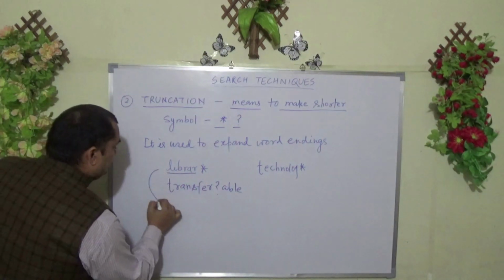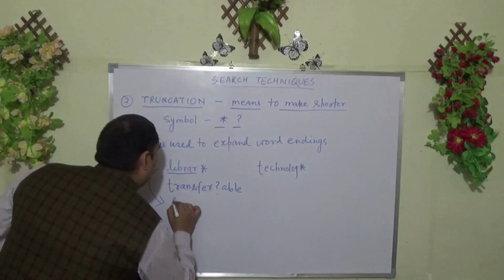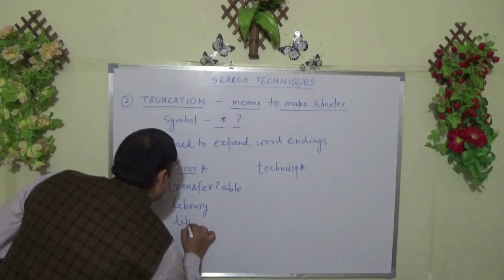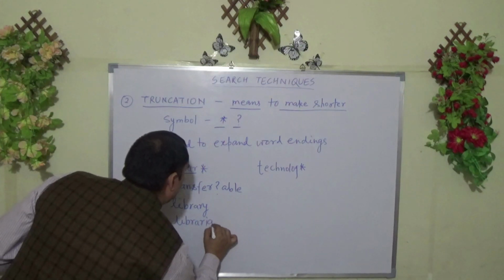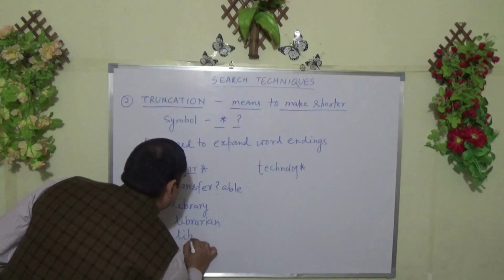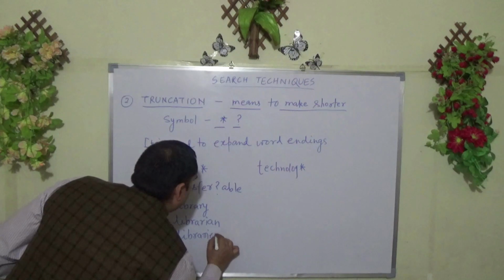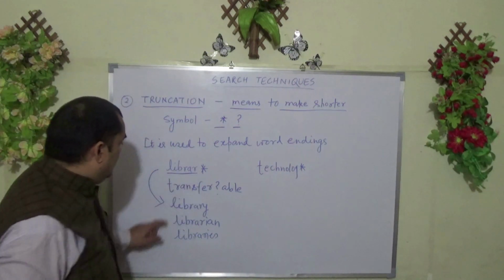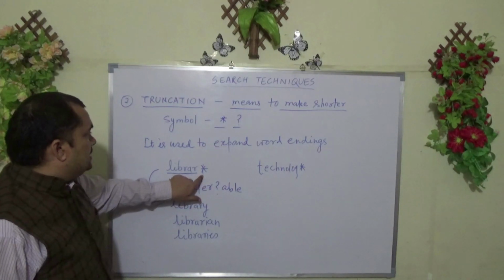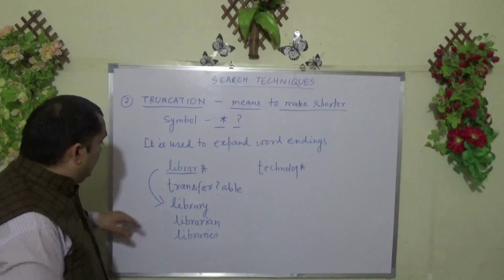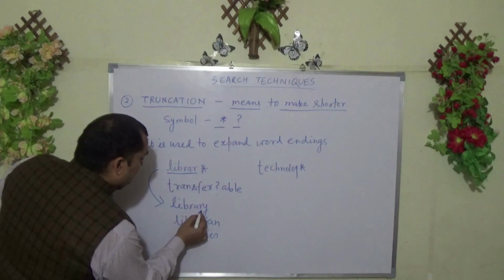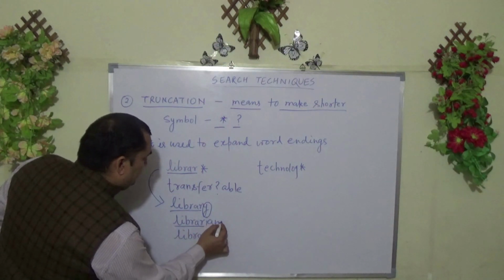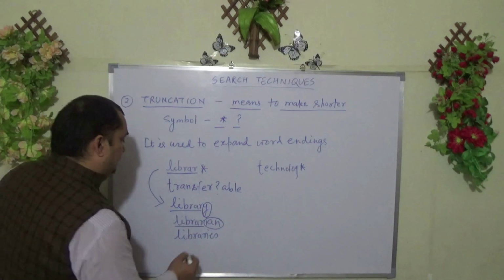So what result will it give? It may give me library, librarian, libraries. Why? Because I have chosen LIBRAR and then I have put this truncation, the asterisk mark, where it is automatically predicting after R, Y. Automatically it is predicting librarian.